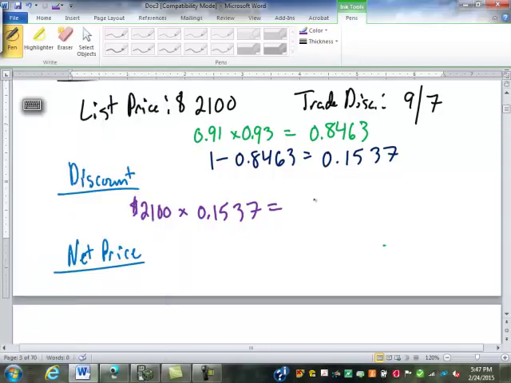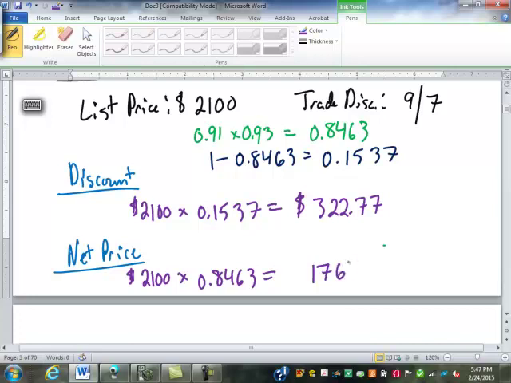So it's 322.77. And then the net price. Perfect. 2,100 times the 0.8463, which is going to be 1777.23.